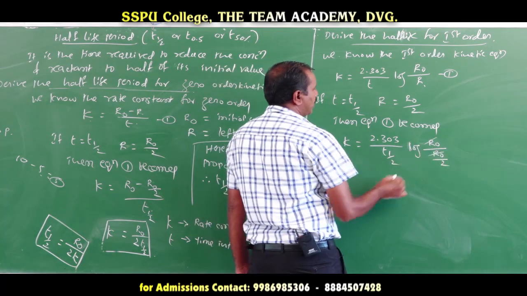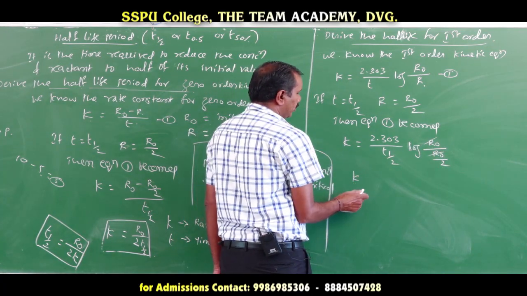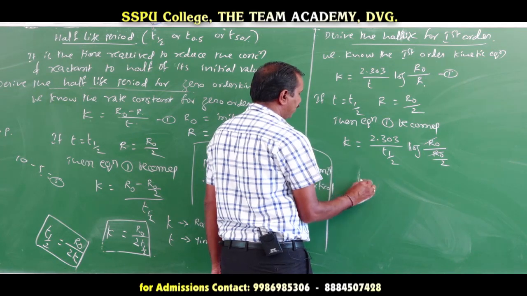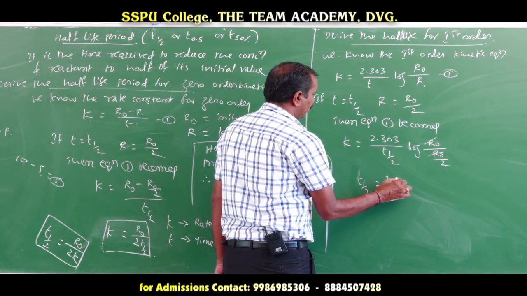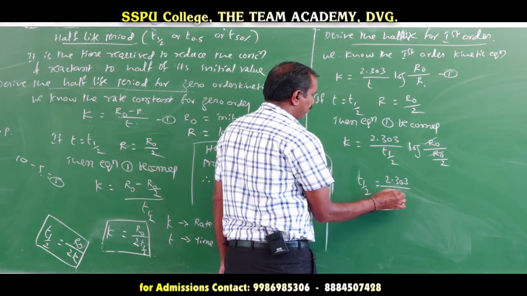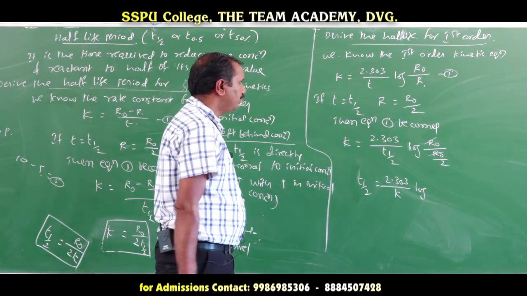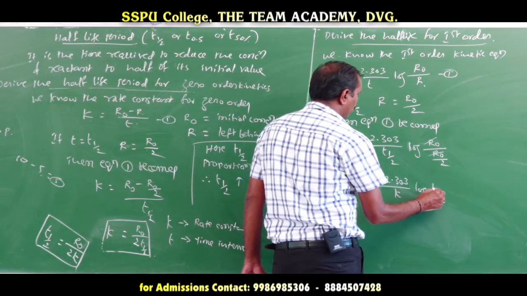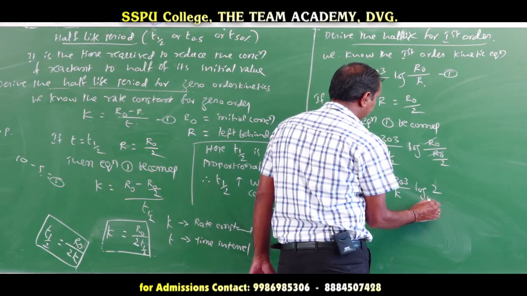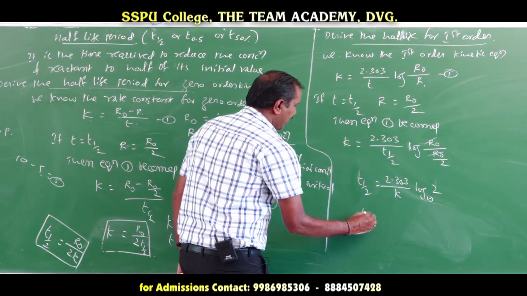Then R naught is cancelled, so I will take t half on the other side: t half equals 2.303 by k into log of 2 to the base 10.